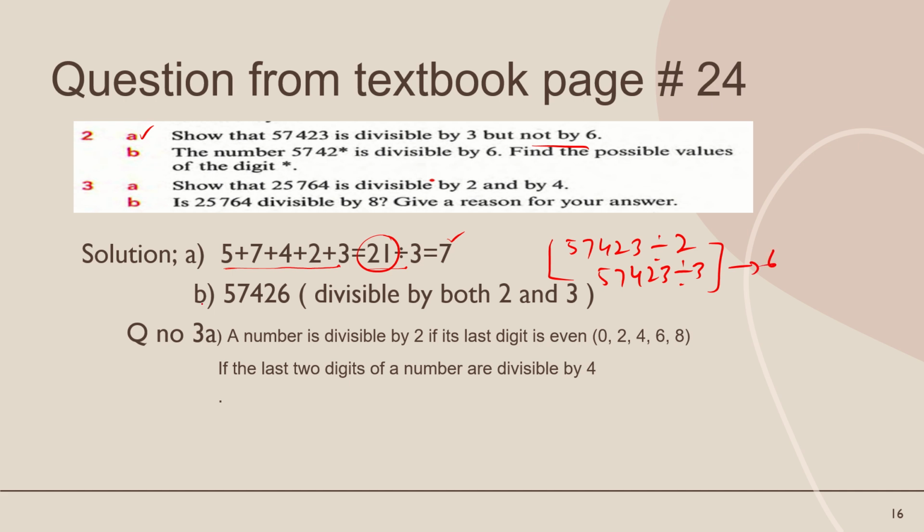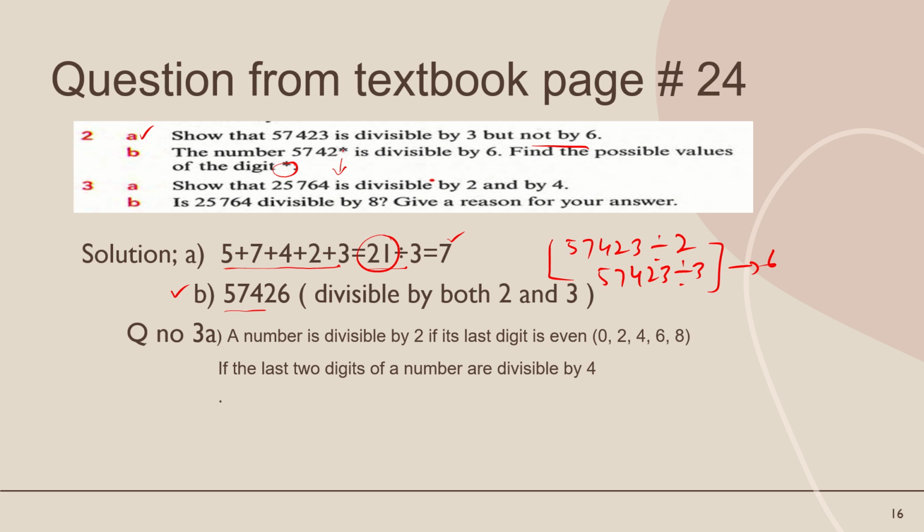Okay, now part B. The number 5742 star is divisible by 6. Find the possible value of the digit. Now what number will come here so that it is completely divisible by 6? Okay, 5742, these digits are given.